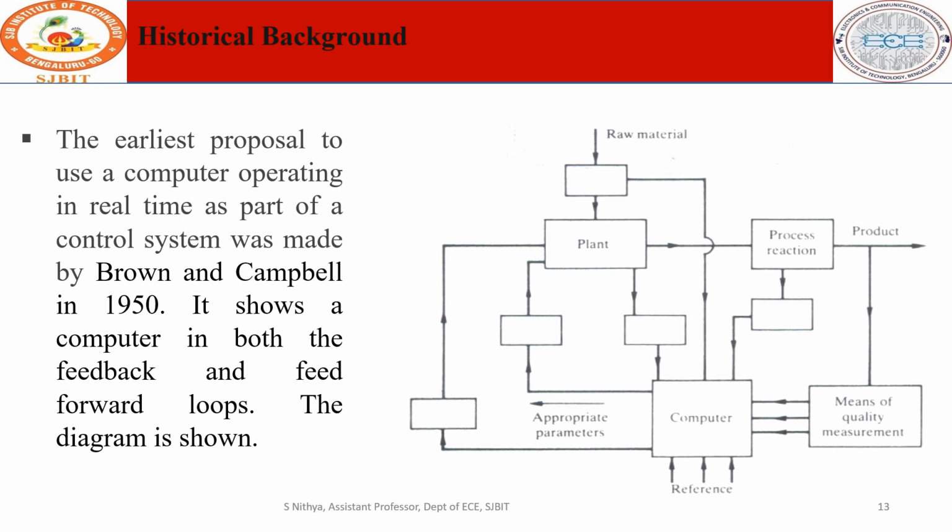This is the earliest diagram of real-time applications. If you can see here, in the feed-forward and also the feedback, on both sides there is a computer, and the signals are passed through here and here.